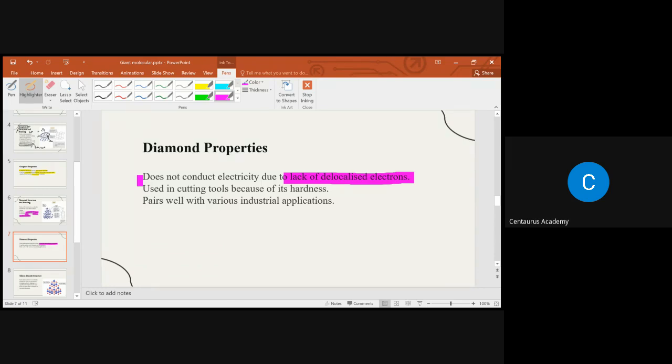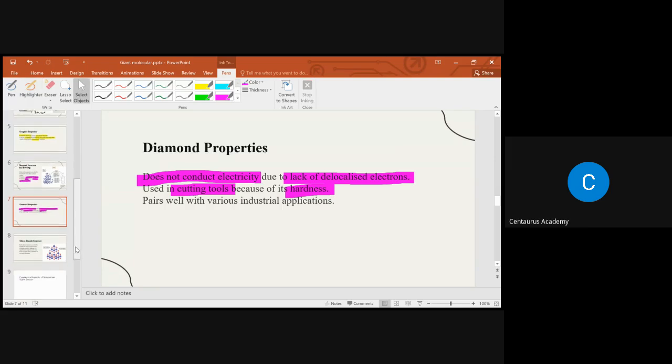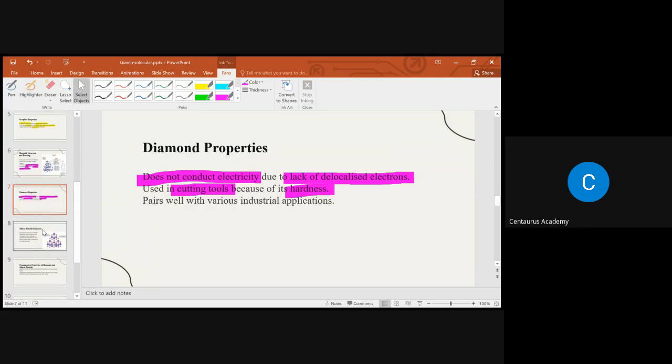Only ions and electrons are able to carry electric charge. It is a covalent structure, so it does not have any free moving ions or delocalized electrons. As a result, it is not going to conduct electricity. Because of its three-dimensional structure, making it hard, it is also used in drill bits and to cut metals. It is also used in various other industrial applications.